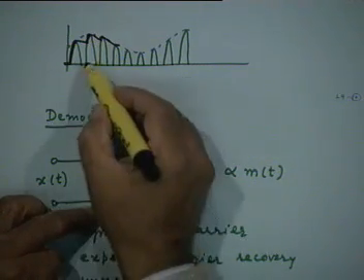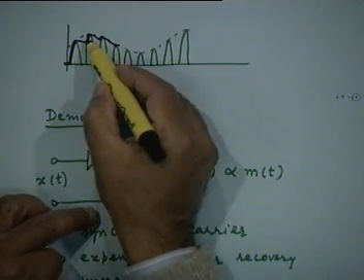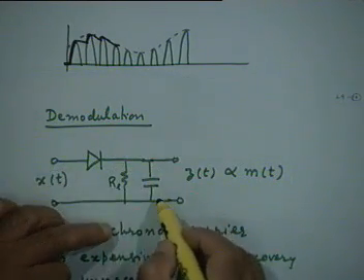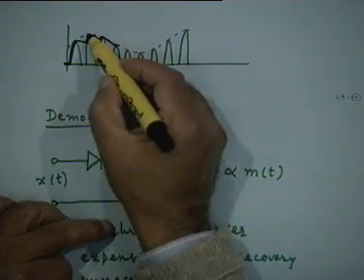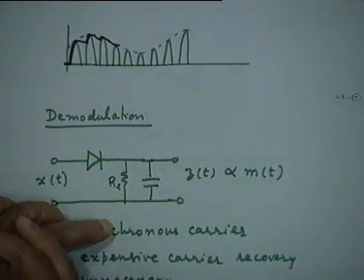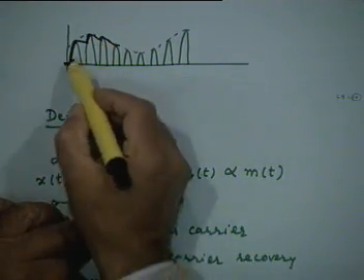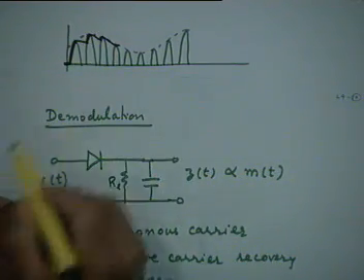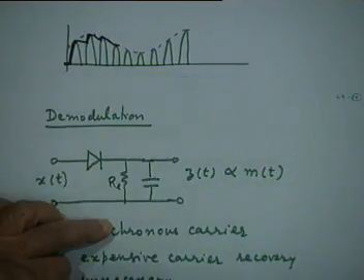And then the next half cycle comes in. At this point, again the diode becomes forward biased, again the capacitor starts charging, charges to the new peak value, and this cycle of operation repeats itself to produce an output waveform which looks like the black profile I have shown here, right?